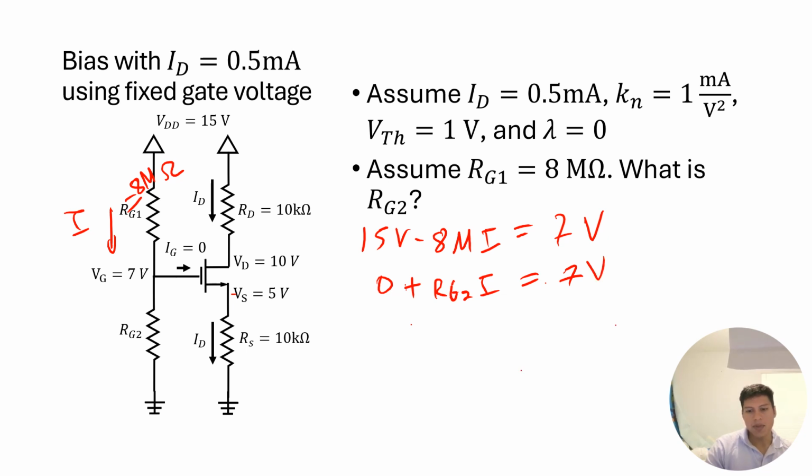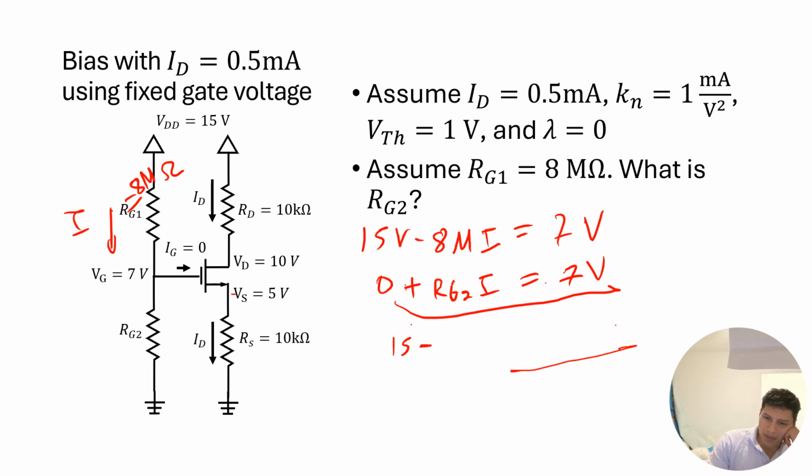So we can actually subtract these two equations, and then we can solve this equation for I.